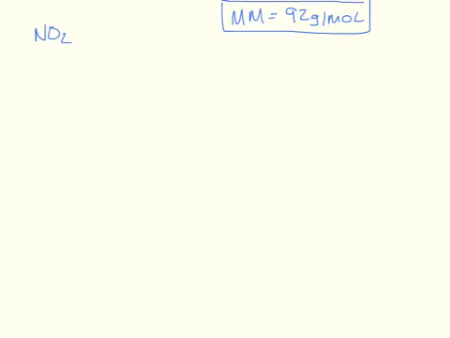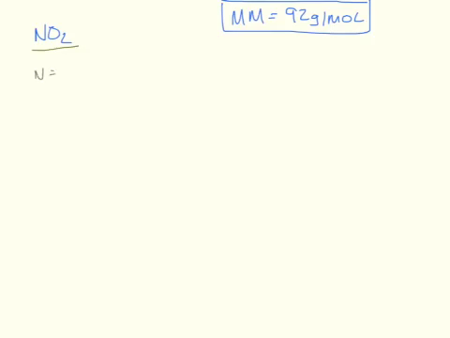For number 24, for question 22, well, we know our compound is NO2, and the molar mass we are given is 92 grams per mole. Alright, so we already have our molecular mass, and the molar mass of that is 92. Now let's go ahead and find the molar mass for our empirical formula.